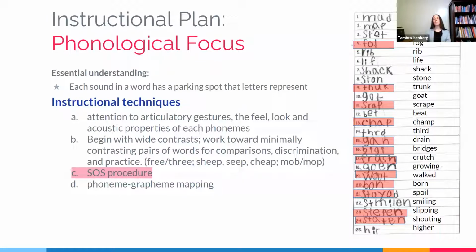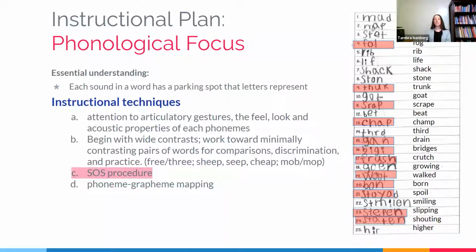Knowing the sound system of our language and the types of mistakes we can expect our students to make is key so that we can plan ahead for them and have the greatest impact in our intervention if that's necessary. In order for students to make any progress in reading or spelling, it's crucial for them to have solid phonemic awareness. We need to teach them how to take a word that's presented orally and segment it into those individual phonemes or speech sounds. Louisa Moats explains this as when we do that orally, we're creating parking spots for those letters to map onto.